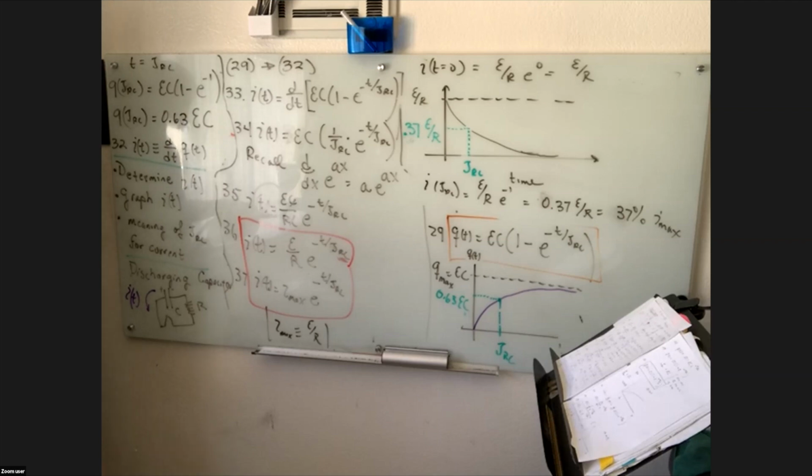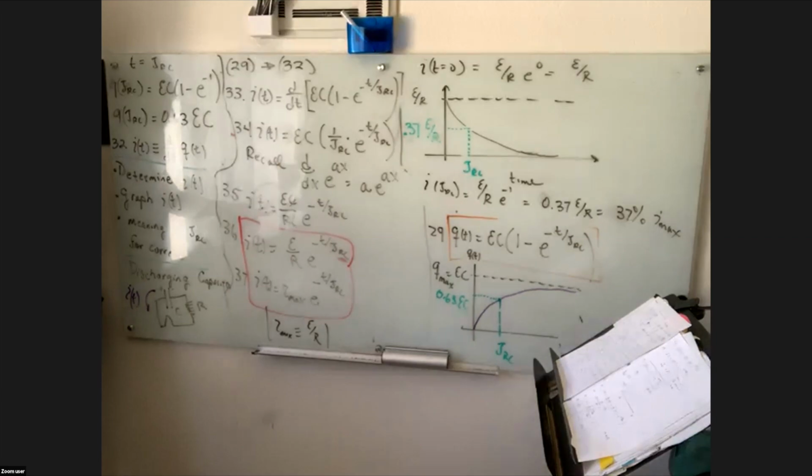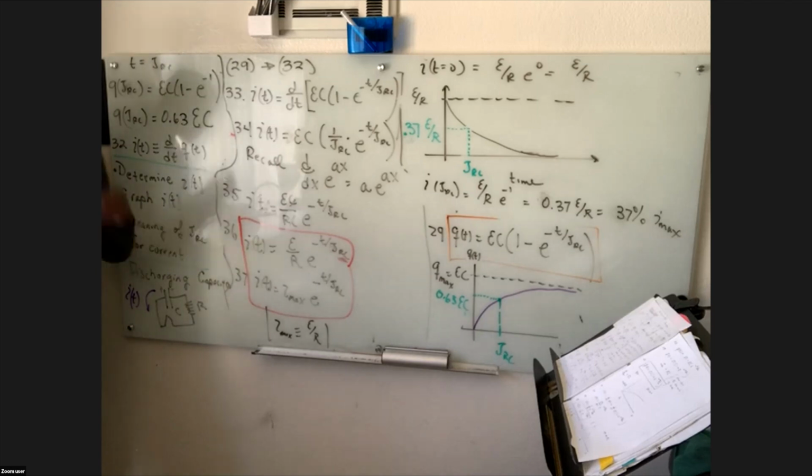So someone had mentioned the idea of doing the discharging problem. I think it's probably worth doing. Go through this once, go through it again. So why don't you give it a shot? I guess I could redraw the problem a little better.